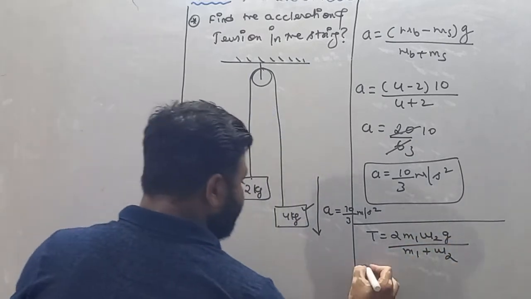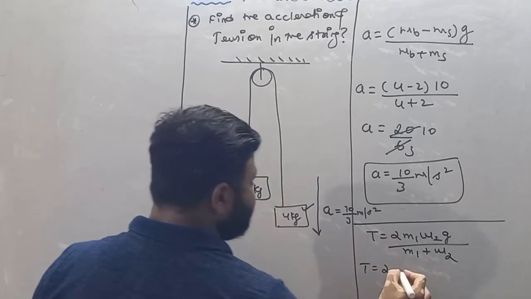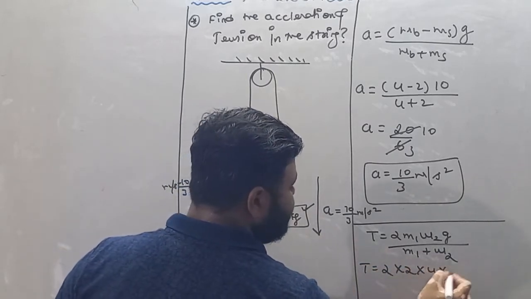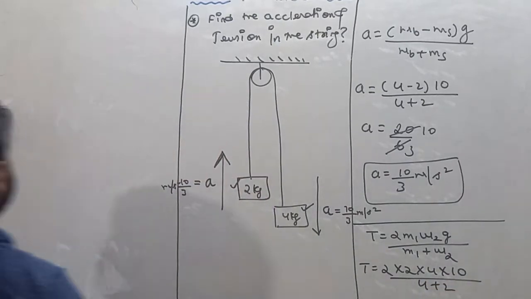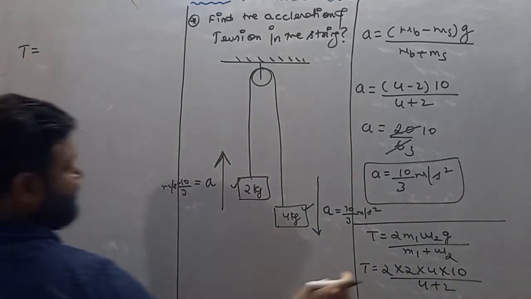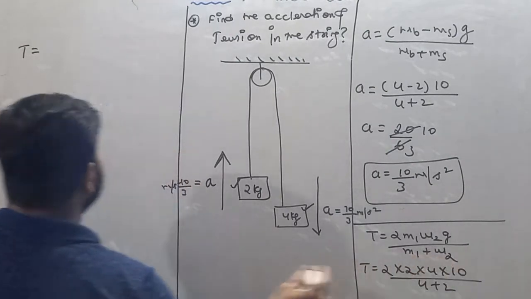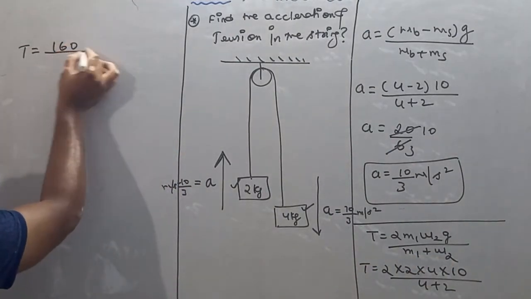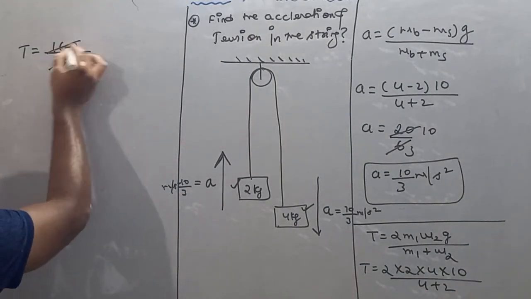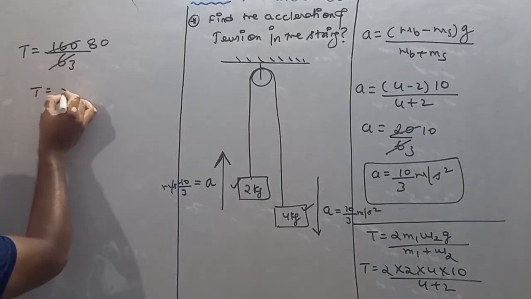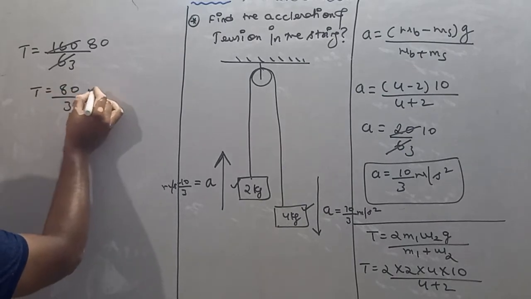So T is equal to 2 into 2 into 4 into 10 upon 4 plus 2. 2 2s are 4, 4 4s are 16 into 10 is 160, divided by 6. So tension becomes equal to 80 by 3 Newton.